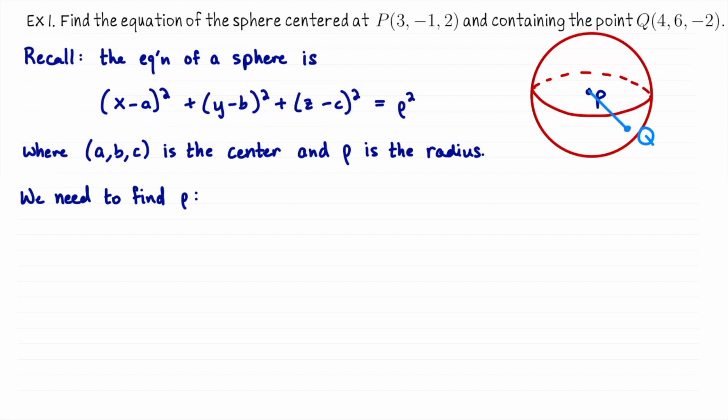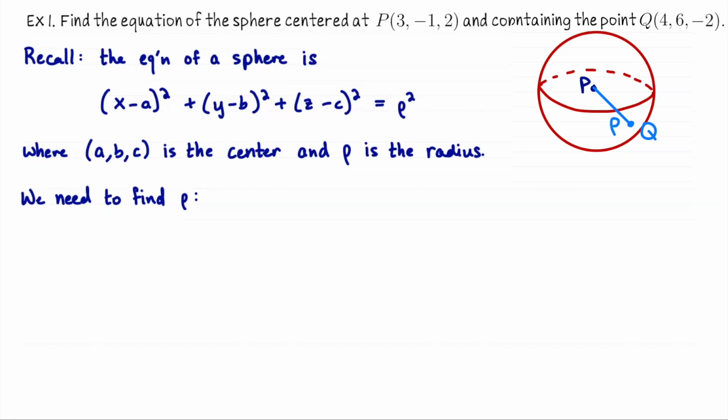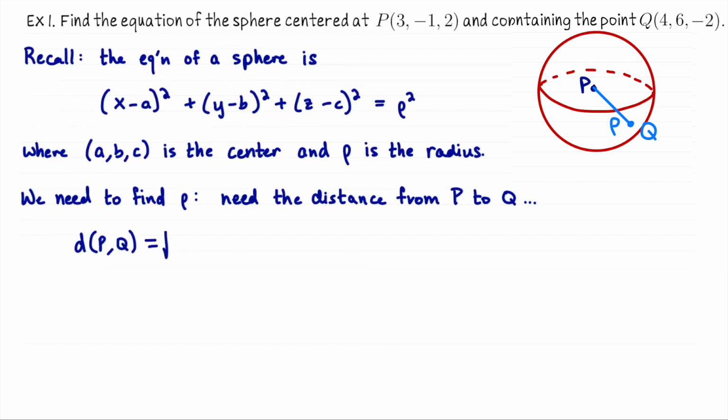Then the radius rho is the distance from P to Q. So to find rho, we're going to use the distance formula to compute the distance from P to Q. To compute that, the distance is going to be the square root of the difference between their x coordinates, so let's say 3 minus 4, that quantity squared, plus the difference between the y coordinates, so -1 and -6, that quantity squared, and then lastly 2 minus -2, the distance between their z coordinates, that quantity squared.